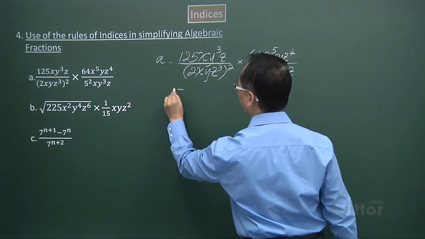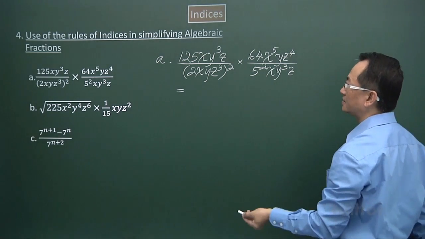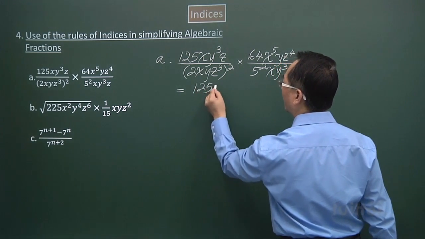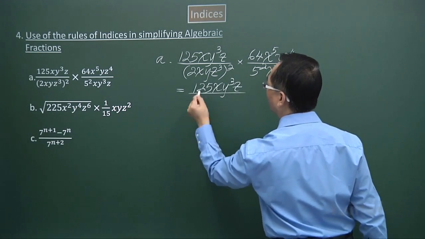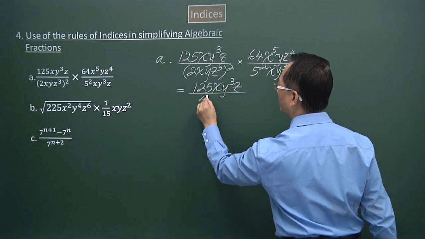So the first thing to do is to actually open up all the brackets. So 125 x y cubed times z over 2 times 2 or 2 squared is just 4.